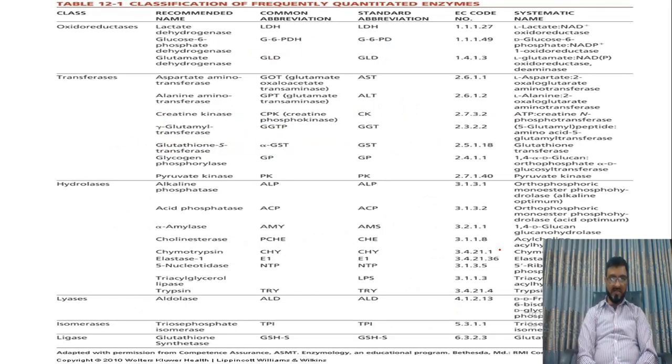So briefly, I have written all six classes in a single slide: oxidoreductase, transferase, hydrolase, lyase, isomerase, ligase. Some of the important enzymes belonging to these classes I have written here. You have to remember all of these. I have also written the code numbers that I told you earlier.